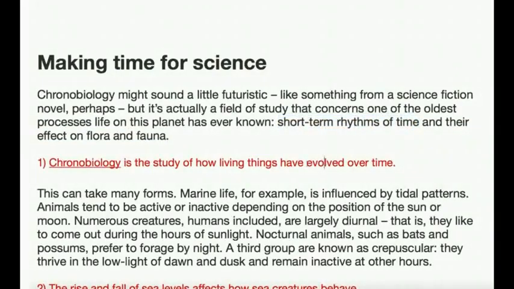Here we have evolved over time. Now to me those don't mean the same things, because evolved over time is suggesting long-term changes. However, this is discussing short-term rhythms. So it looks like this one is probably false. So we'll write the answer as false for this one.